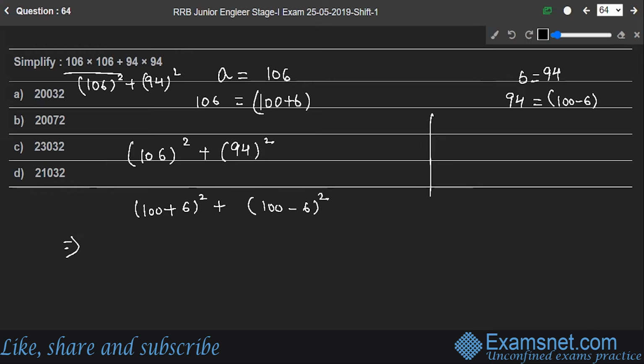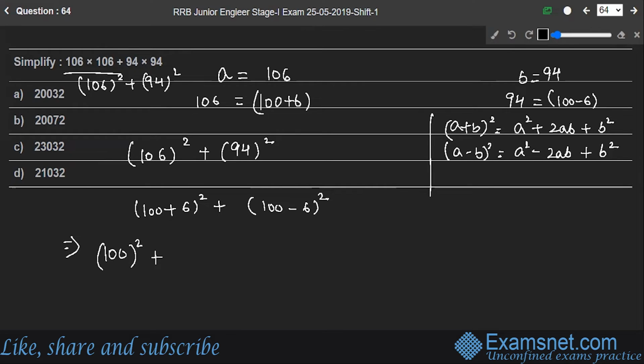So now again that identity will be used. Two identities I have. (A plus B) whole square is equal to A square plus 2AB plus B square. And (A minus B) whole square is equal to A square minus 2AB plus B square. So this makes it A square plus 2AB plus B square plus A square minus 2AB plus B square.